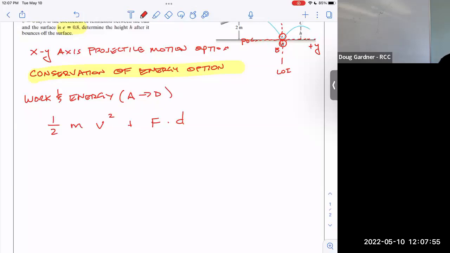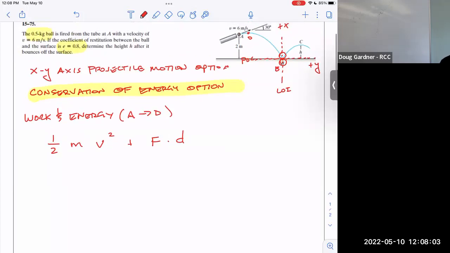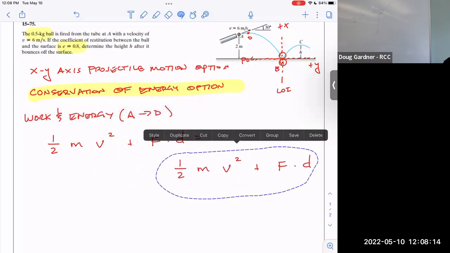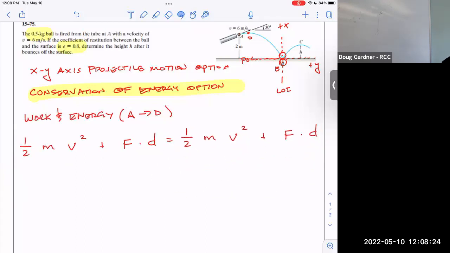And we said, yeah, whatever that is at the start, that's going to be what it is later on. Okay. So let's play with that just a little bit.